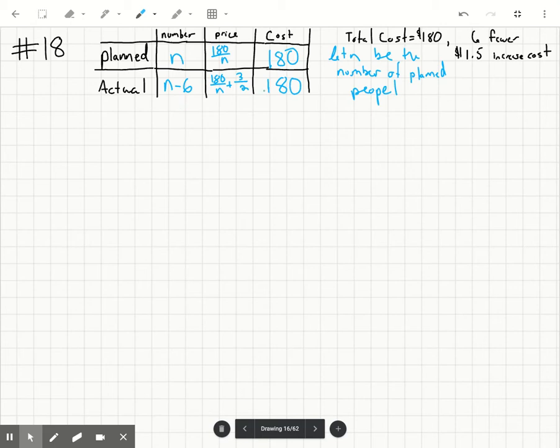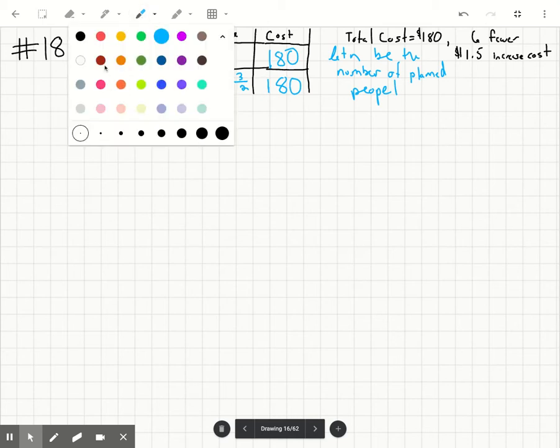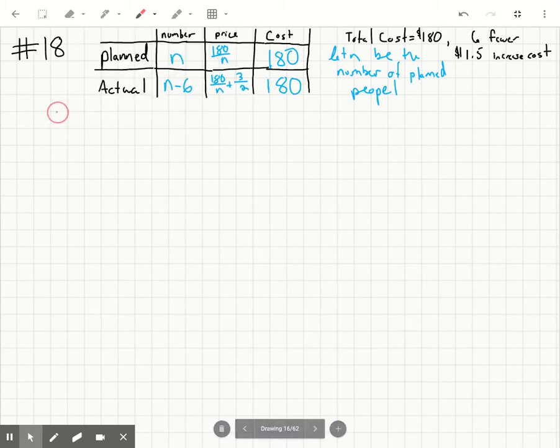So now we've got our equation set up. We know the number of people times the price is equal to 180. All right, let's set that up. So the number of people times the price is equal to $180.